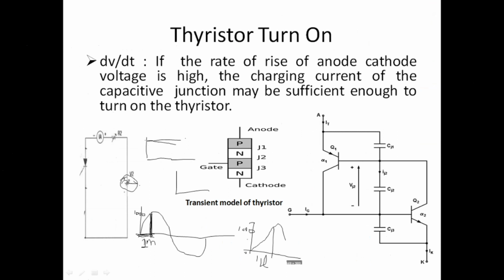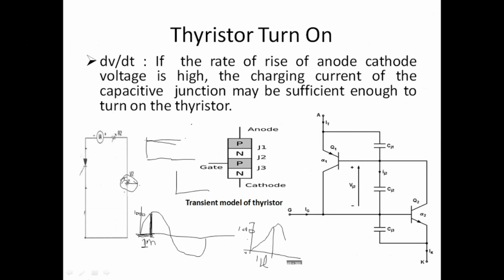If you are applying a constant 100 volts, then dV is 0, dt is there, but dV is 0. That's the reason dV by dt is 0 for a DC. Except DC, for all other voltages there will be some number for dV by dt. If that dV by dt is high, then some problem occurs that we need to investigate.